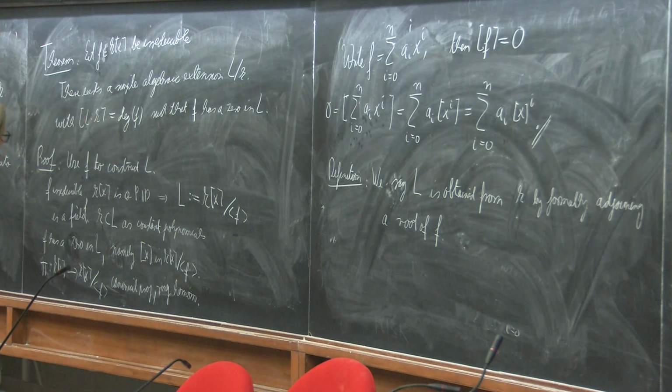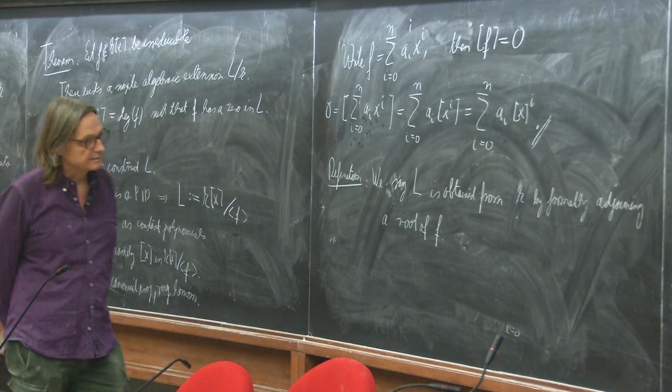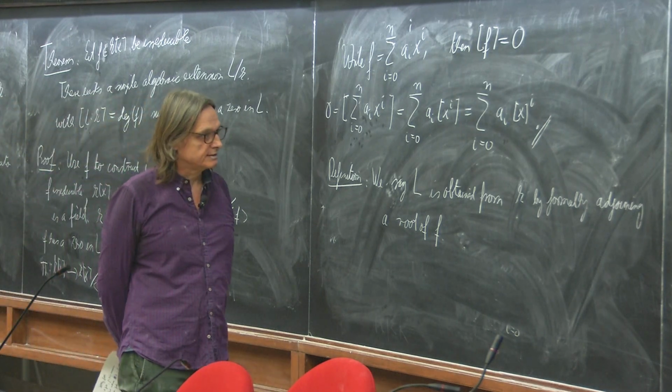In this way, we know we always find a field extension in which our polynomial has a zero.